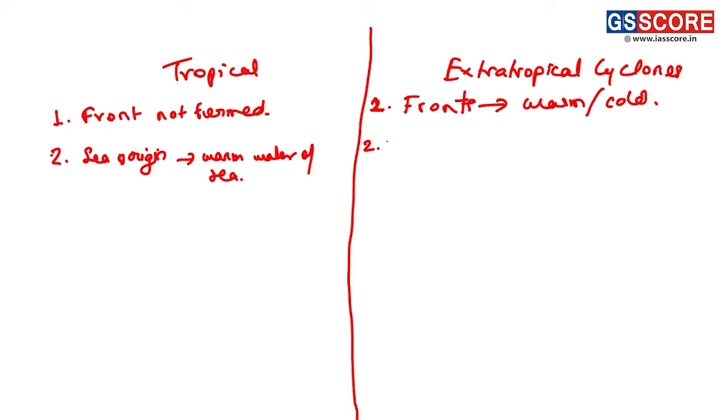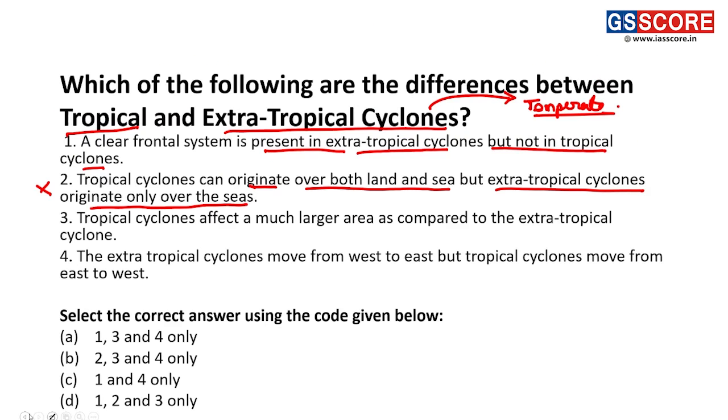But the extratropical cyclones can be formed over both land and ocean, because their energy is derived from the fronts, warm or cold fronts.